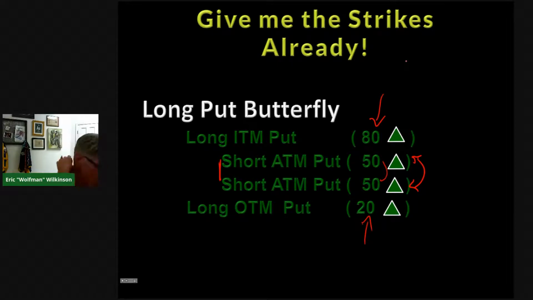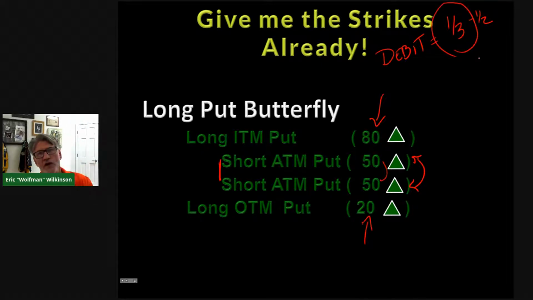Ultimately, you want to do this. You don't want to pay any more. So if your debit is equal to a third and no more, third to a half, all right? I would prefer paying no more than a third the width of the spread. Sometimes it gets up to close to a half.